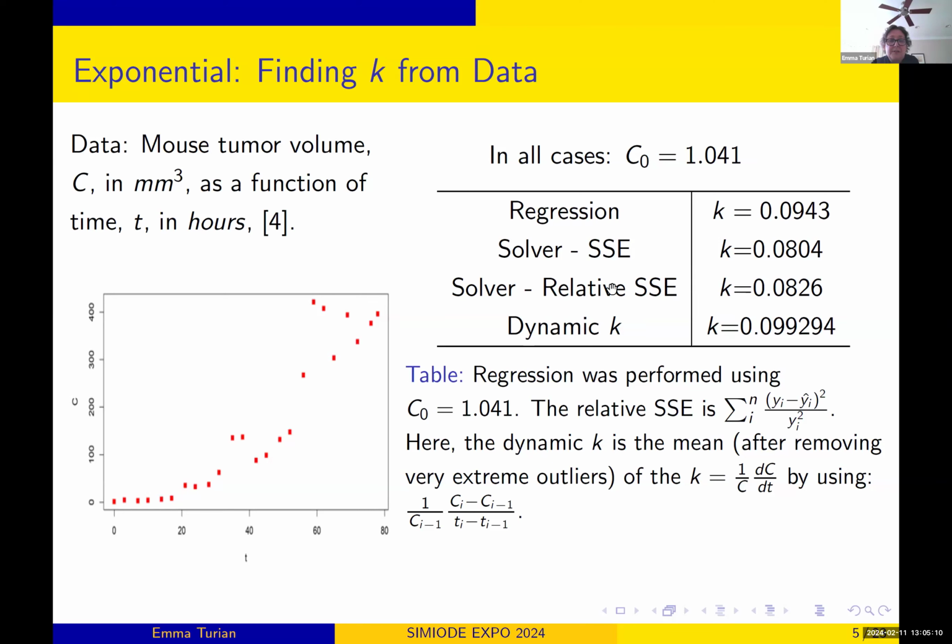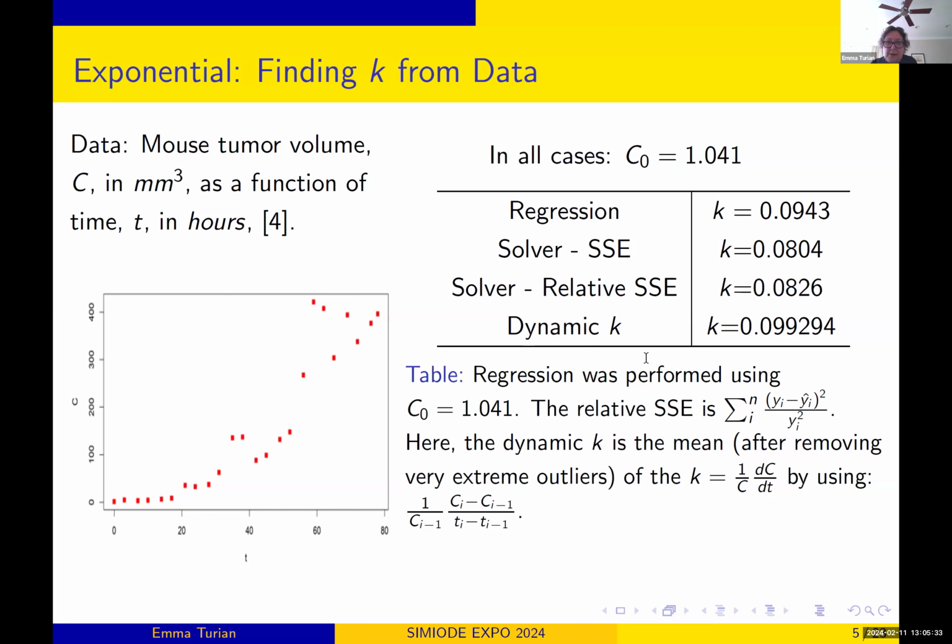So it's appropriate in that case to minimize the relative sum of square error instead of the sum of square error. If that's what we use, then the K is slightly different from when we minimize the regular sum of square error. And then we also use a dynamic K.